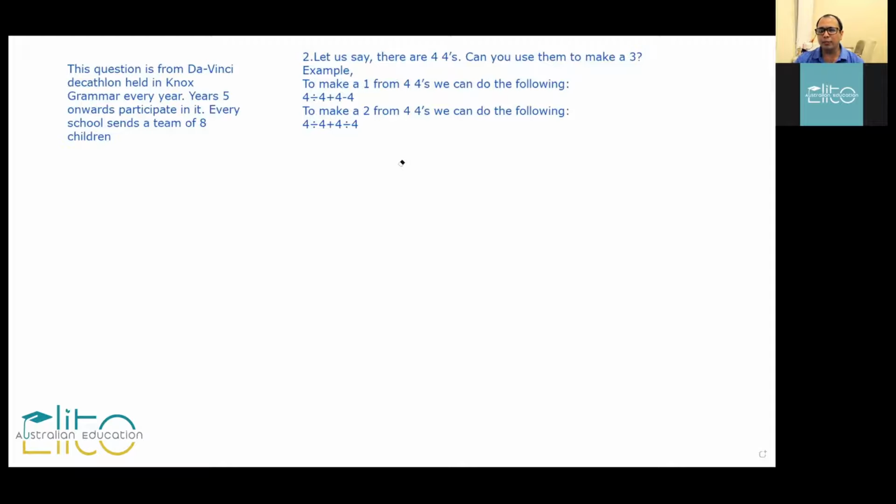So now I'm going to make this question a little bit harder and exactly the same question, but now this is for years 5 and 6. Instead of a 3, we'll make a 13. So any ideas?